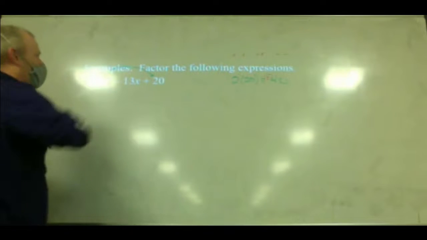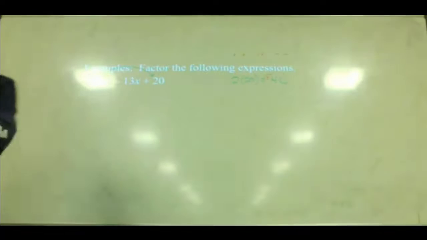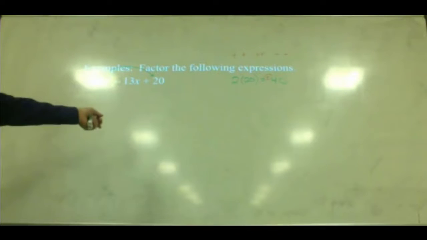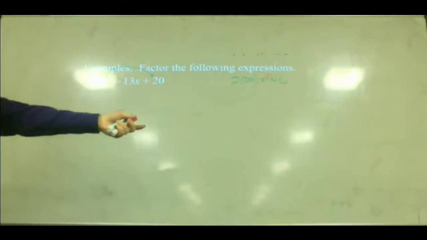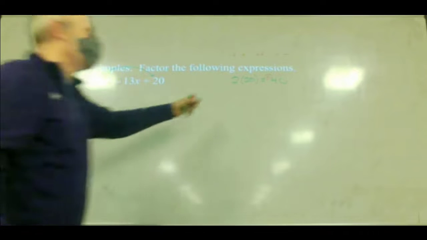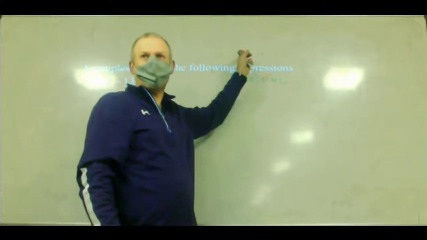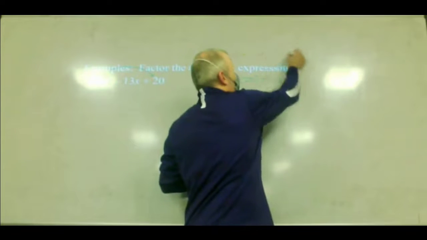Then we go over here, and in this case, it's a negative 13. So if they have to add up to be a negative 13, what does that tell us? Hopefully what you're saying is that they're both going to be negative, right? Because if you add two positives together, you get a positive. And we need to have a negative, so we need to add two negatives together.